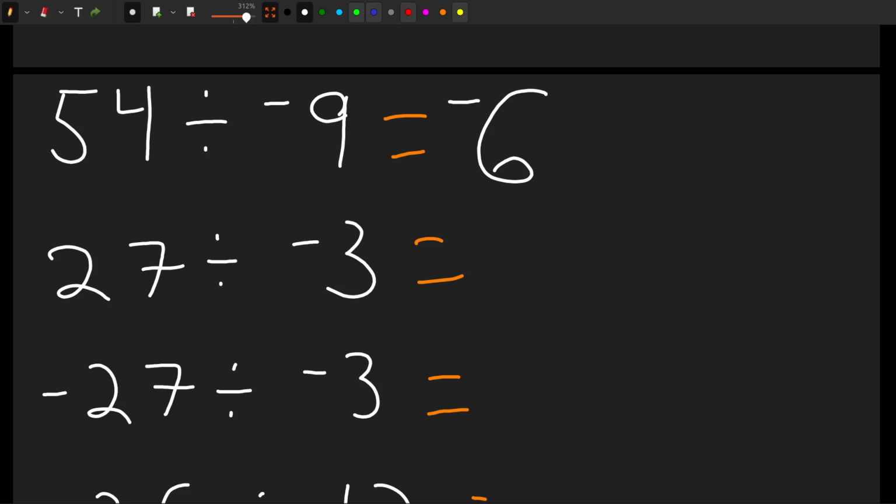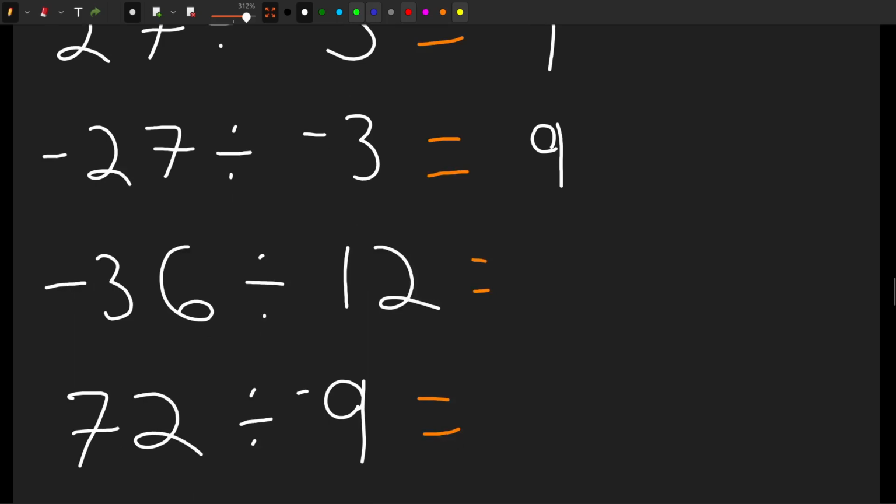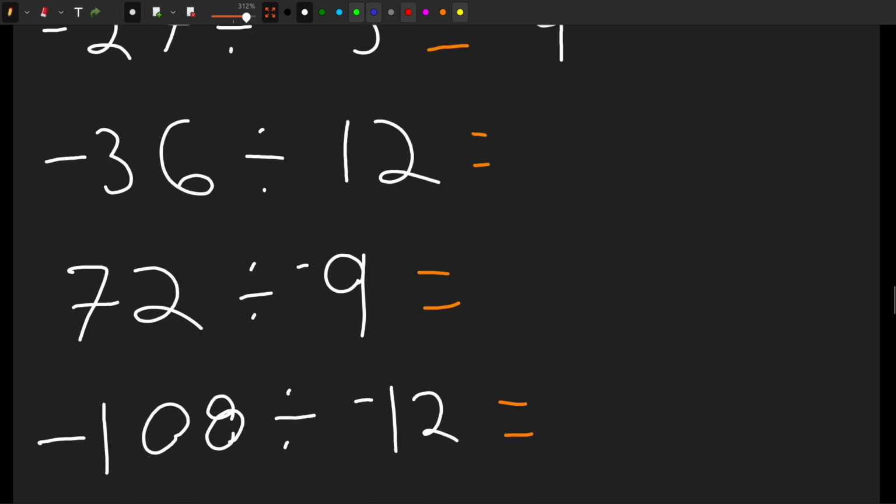27 divided by negative 3, well, 27 divided by 3 is 9. And then a positive divided by a negative is a negative. Negative 27 divided by negative 3, well, we already know the number. That's 9. And then a negative divided by a negative is a positive. All right, next one's negative 36 divided by 12.